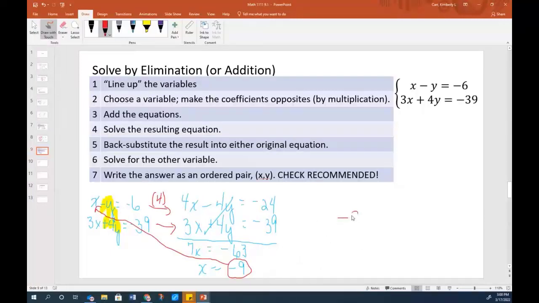So that means I end up with negative 9 minus y equals negative 6. Negative y equals, I'm adding 9 to both sides, so negative 6 plus 9 is 3. Divide both sides by negative 1, and y equals negative 3. So then what is the answer? The answer is the (x, y) point, negative 9, comma, negative 3.